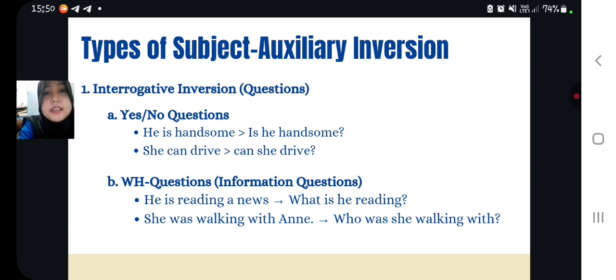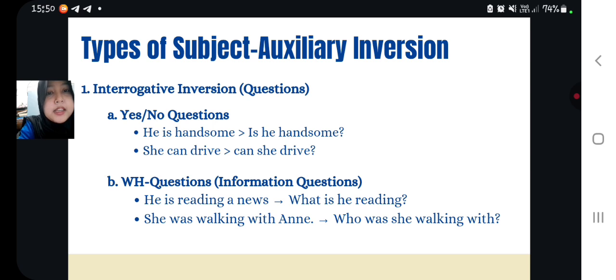And then B, WH questions: who, what, where, when, why, how. Inversion happens only when the WH word is not the subject of the sentence.